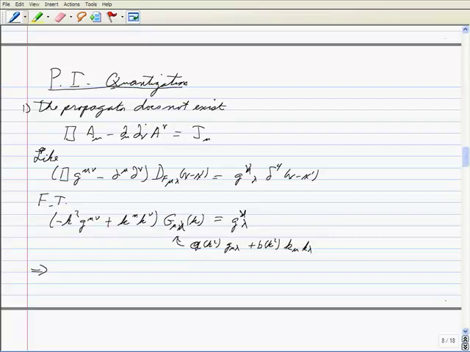These two terms cancel, so the b piece completely disappears, and this turns into a.